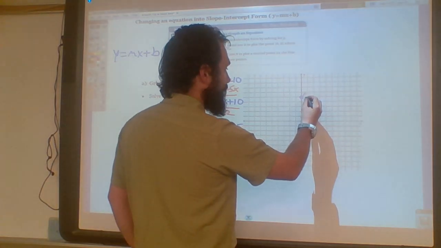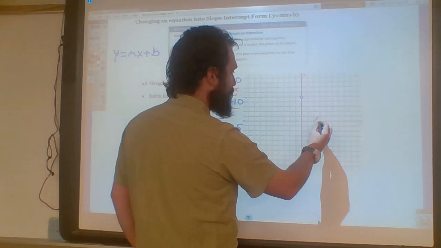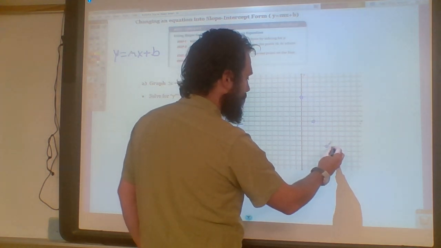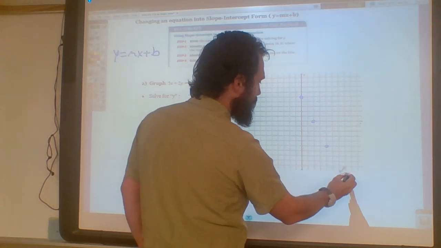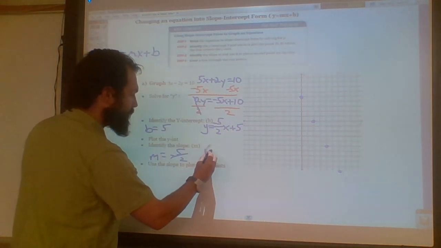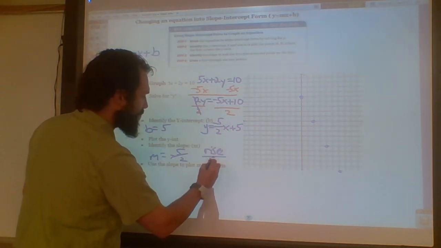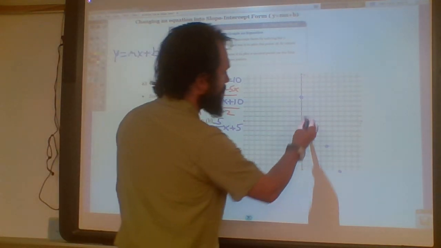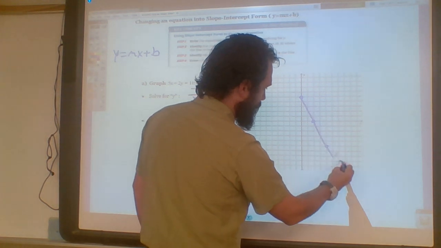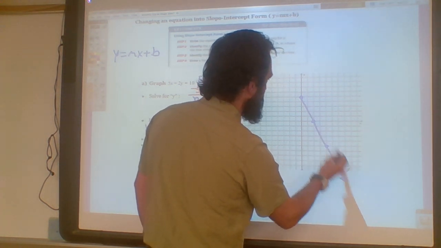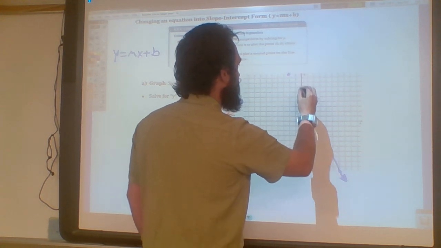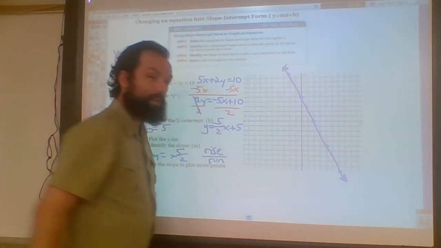We're going to go down 5 over 2. Down 5 over 2. Down 5 over 2. We're using that idea of rise over run. Connect our points to complete the graph.